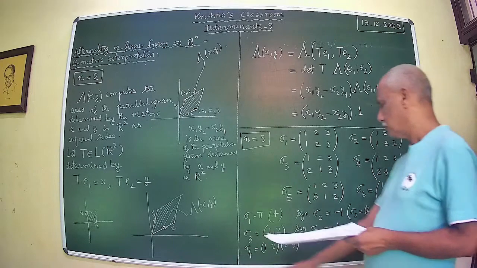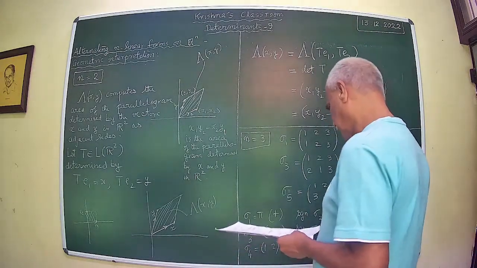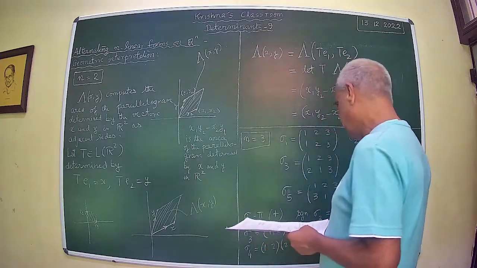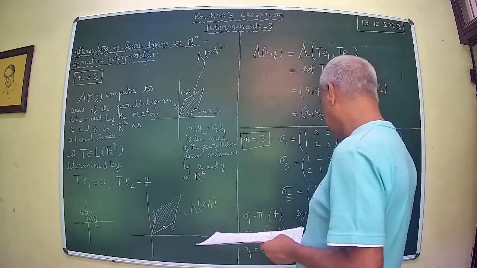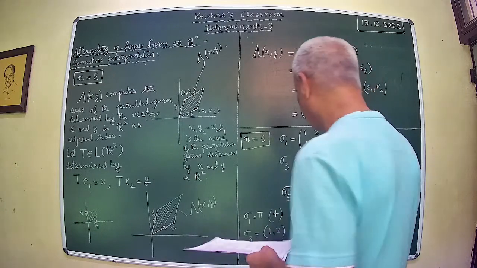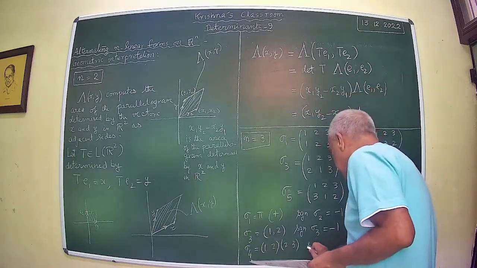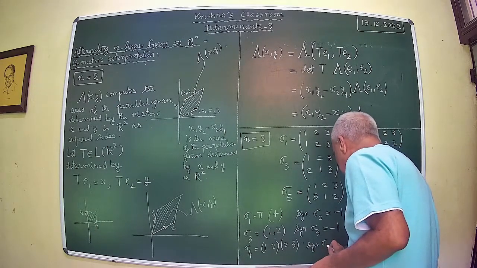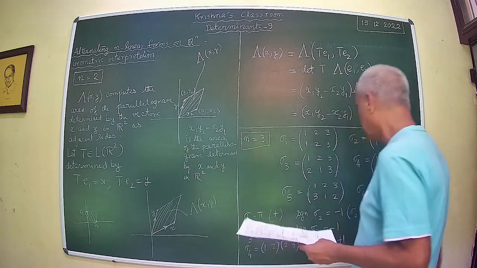That is 1 goes to 2 and of course 2 goes to 3, 3 goes to 2, and here 1 goes to 2, 2 goes to 1, and you take the product. First act with this and then act with this, so you get this permutation. So this means sign of sigma 4 equal to plus.